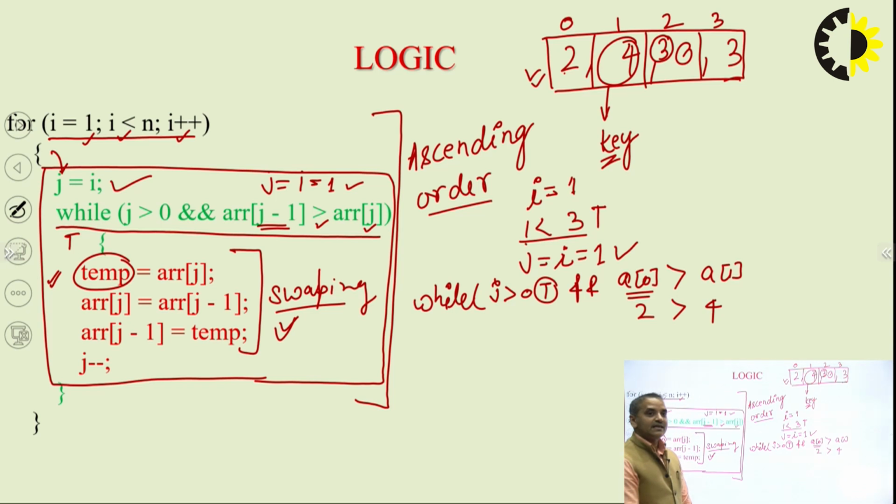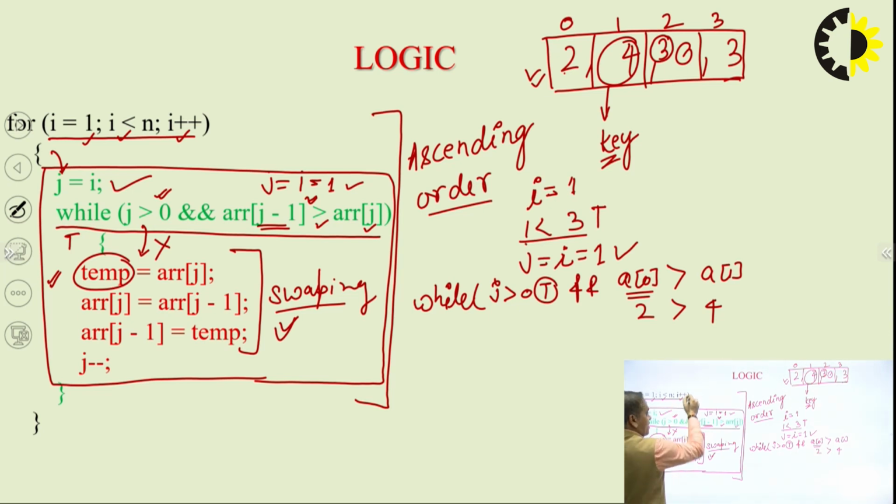No. Condition is false. The pointer does not enter inside the loop, because the while condition is false. The pointer enters inside the loop if both conditions are true, otherwise the loop is skipped. Now the condition is false, so the value will be changed.